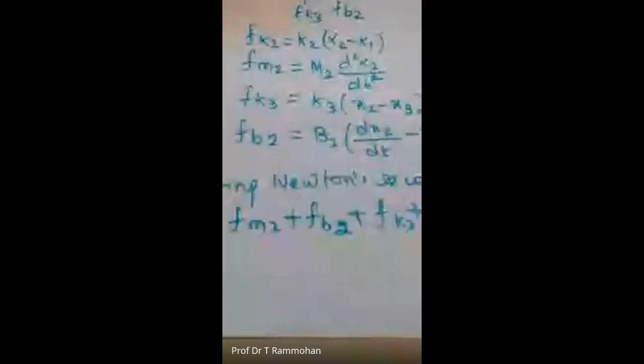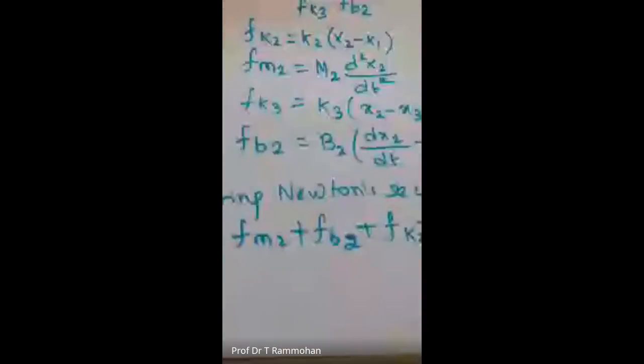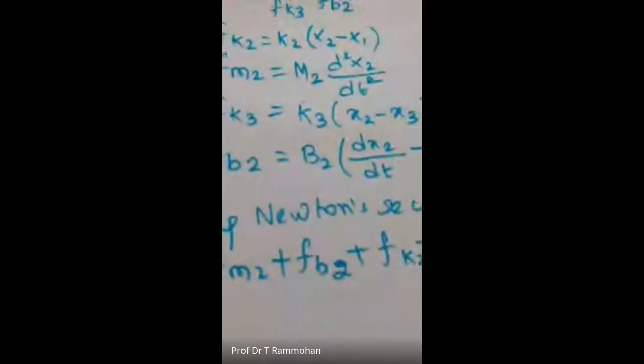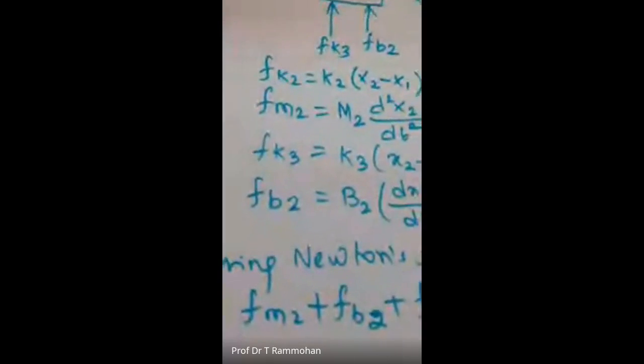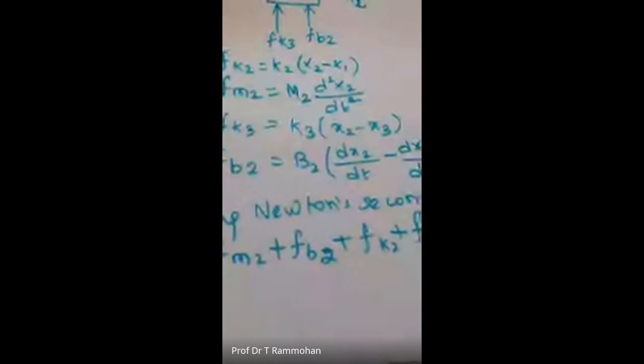Yes, sir. Okay. But people are not answering, keeping quiet. I think I lost my connection. Okay, Manianda Prabhu, answer my question. Why FM2 plus FB2 plus FK2 plus FK3 equal to 0? You can unmute and answer. Yeah, he is unmuted.